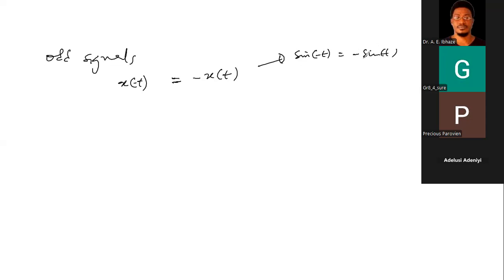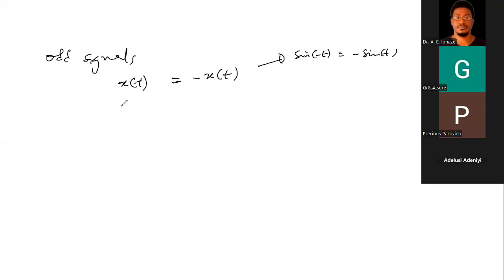Now, how about odd signals? If we perform time reversal for an odd signal, it will be the same as negative S of t. Sorry, this should be S of minus t, right? Time reversal should be equal to negative, just as sine of minus t is the same as minus sine t.